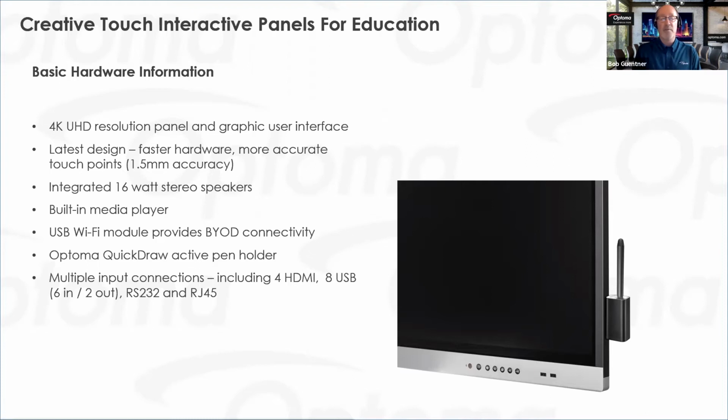You also have a number of USB inputs. So that works with the cabling that connects to the computer, but also can be used for adding storage onto the interactive flat panel, as well as displaying content from those USB drives.